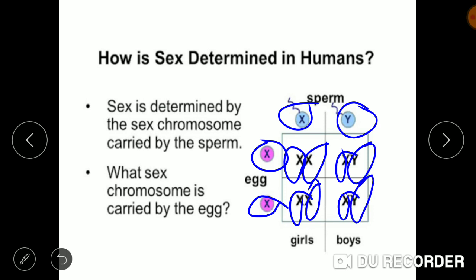So hence we can say the sex of the child is determined by the male parent.